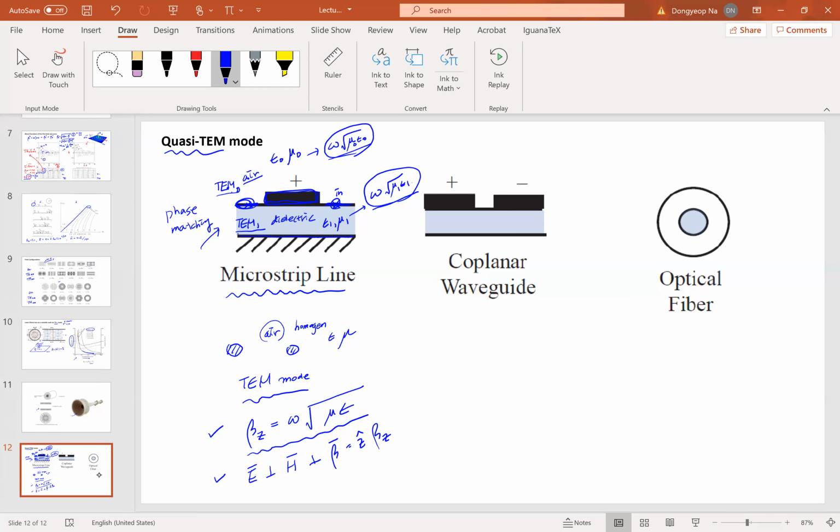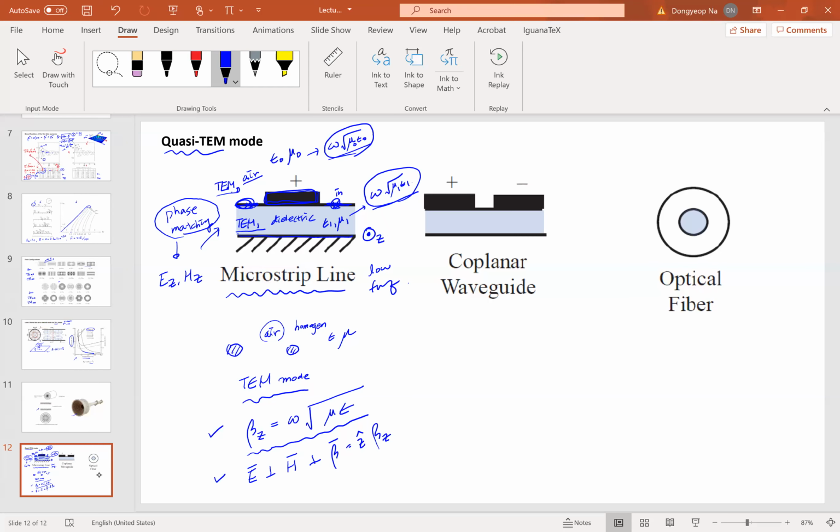On the other hand, this microstrip line is operating at a very low frequency, meaning that the wavelength is very large compared to the size of this microstrip line, so the degree of the phase mismatch is very small. Actually, this phase mismatching results in some Ez and Hz components.